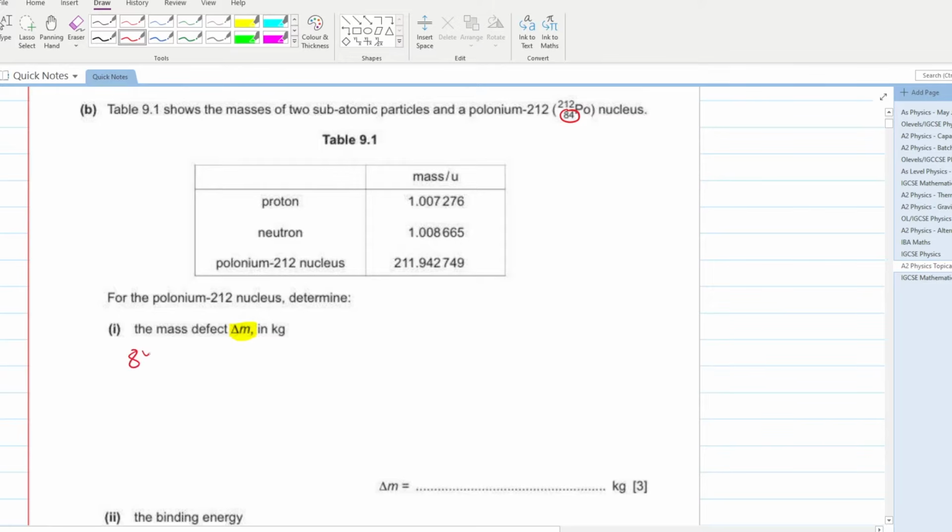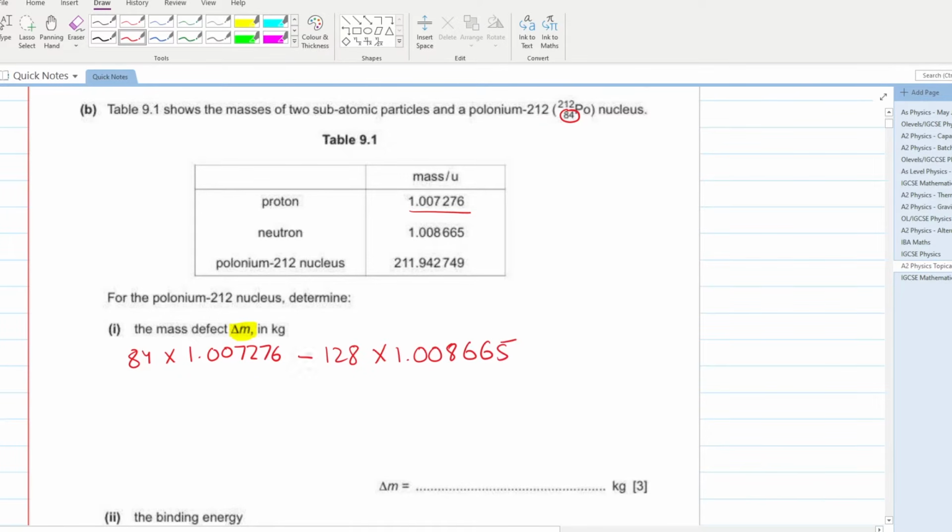So 84 multiplied by the mass of proton, that is 1.007276, plus the number of neutrons. How many neutrons does polonium have? 212 minus 84, this becomes 128. So 128 into the mass of neutron, that is 1.008665.